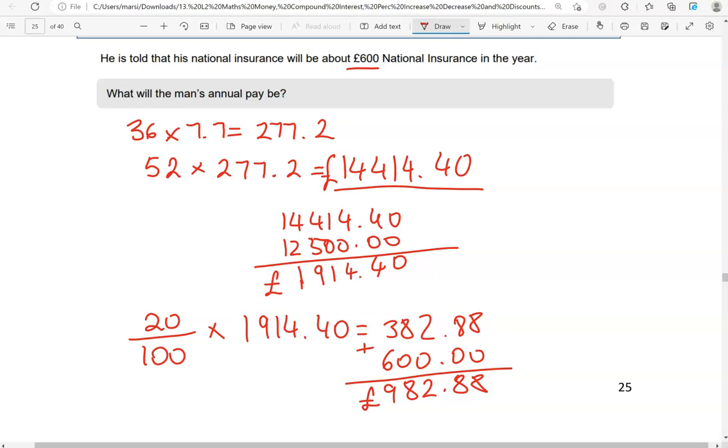If we take it away from the £14,414.40, should give us the difference, should give us the take-home pay.